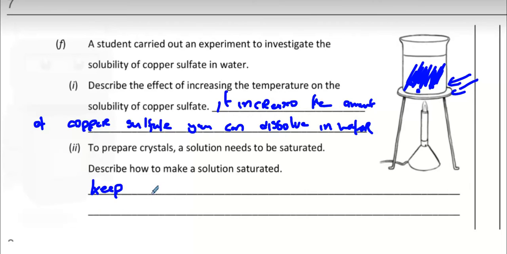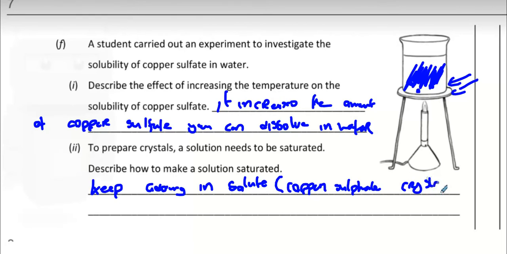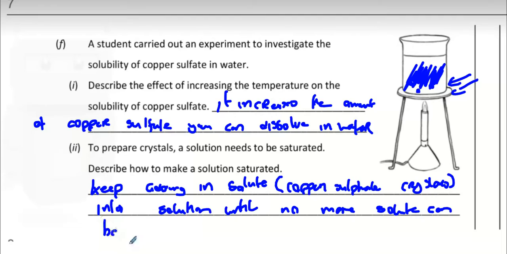Keep adding solute, or crystals, or copper sulfate into solution until no more solute can be dissolved. Basically, a saturated solution means you can't dissolve any more crystals.